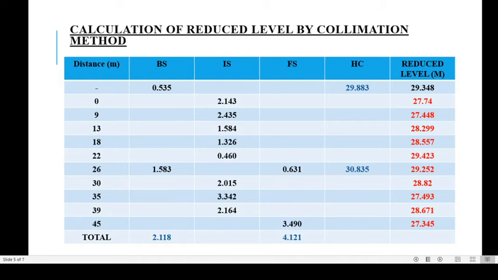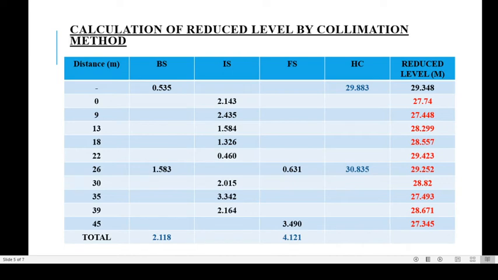Then the next stations will be calculated by subtracting the IS values or the FS values from the height of collimation. So the next station, that is the second station, if we subtract 2.143 from the height of collimation, that is 29.883, we will get the reduced level, that is 27.74.